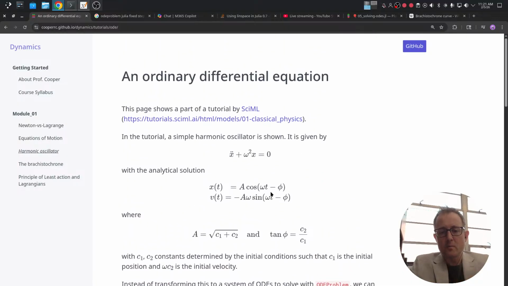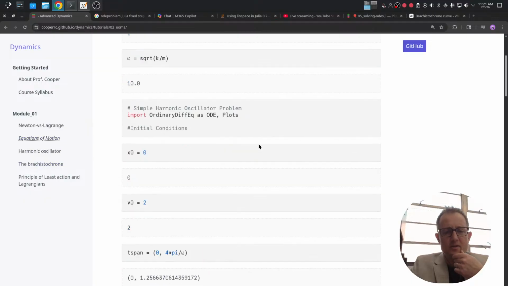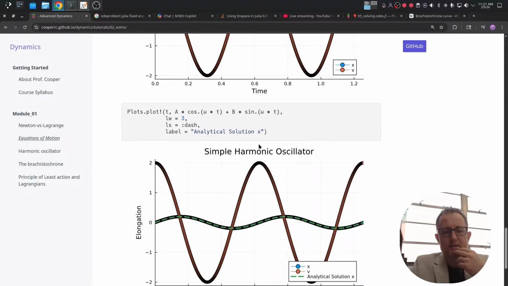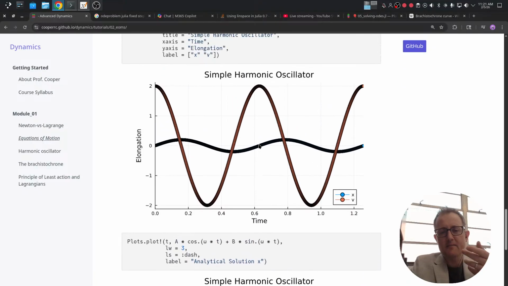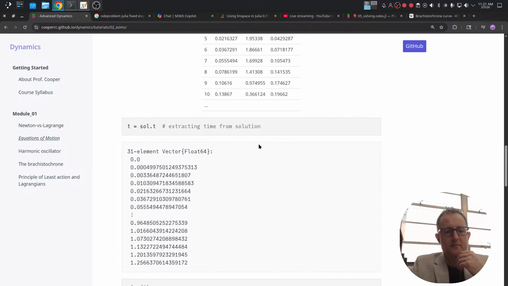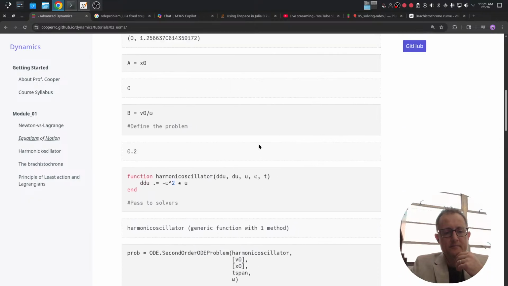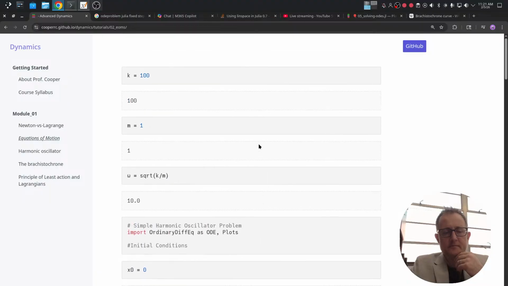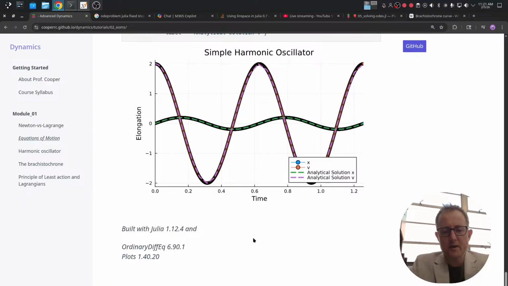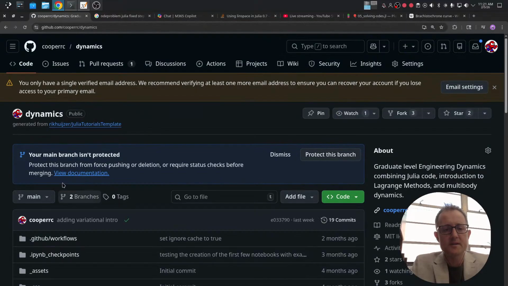Hopefully you've seen these solutions before. Where the equations, like the equations of motion here, it's the same idea. Let's grab this one, the equations of motion. I thought there should be a way to just download it, but let's grab this.